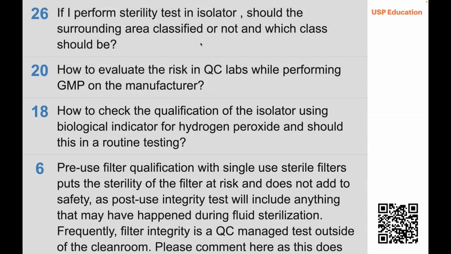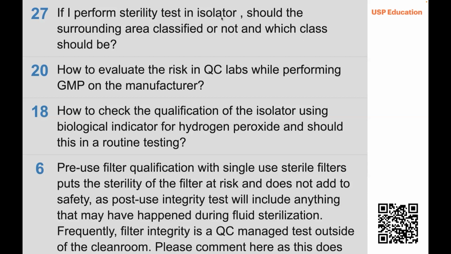Okay, if I perform a sterility test in an isolator, should the surrounding area be classified or not? And which class should it be? Annex 1 is not specifically talking about sterility testing in terms of isolators. I would expect that they view an isolator as an isolator. Depending on whether it's open or closed: if it's an open isolator, the minimum is grade C for the surrounding area.